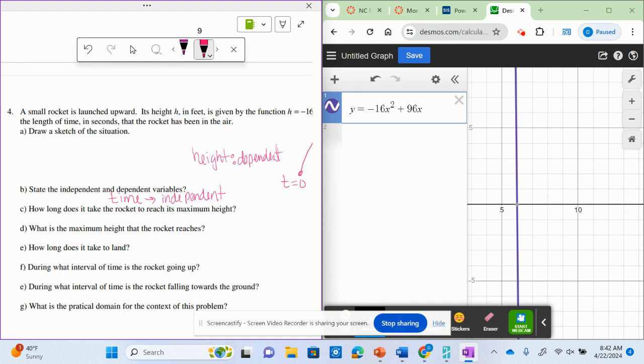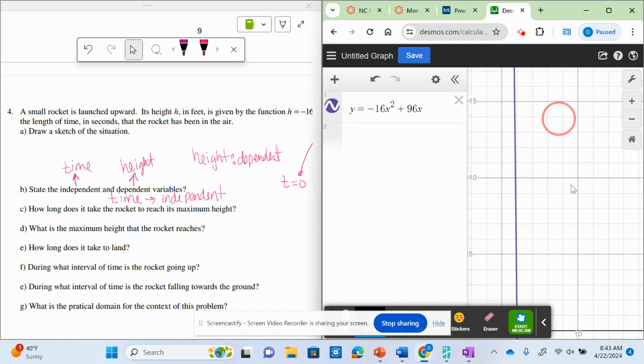X is always independent, Y is always dependent. So instead of writing out the words, you could draw an arrow above the word independent and just put time, and then draw an arrow above dependent and put height, if that's easier for you.